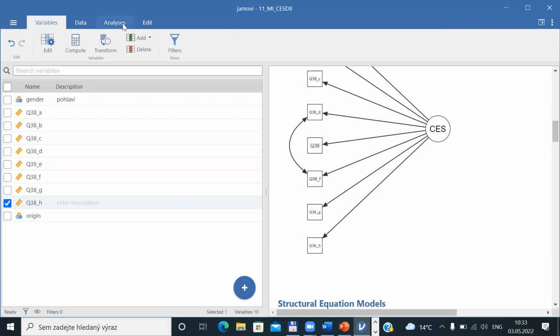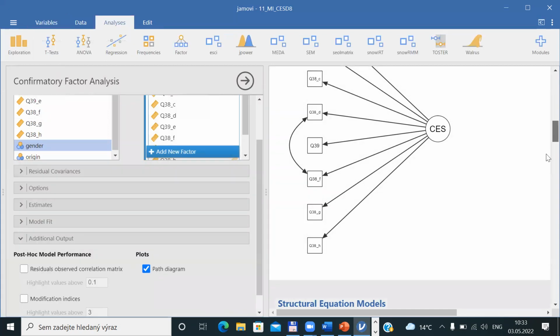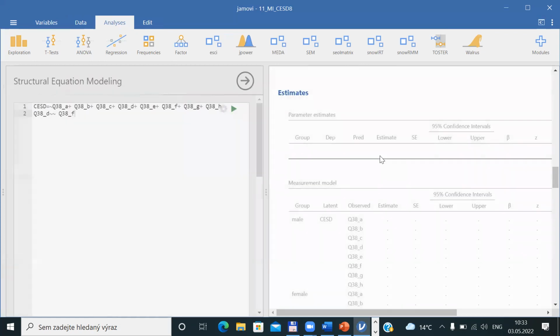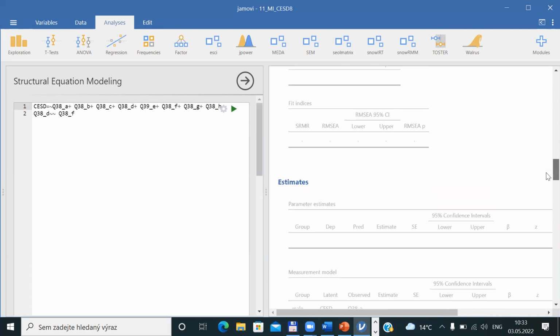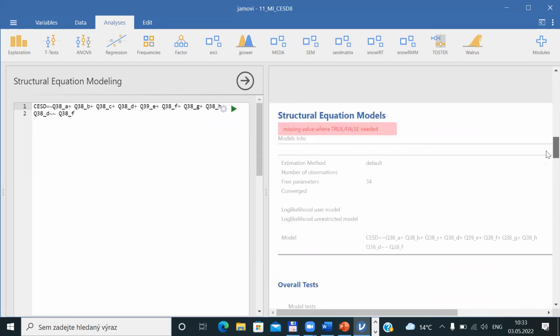So as you can see, Jamovi is sensitive and all problems must be corrected. So Q39E, and now it should work. I hope so. Still not, at least I'm not able to see estimates. Missing value: true, false needed.